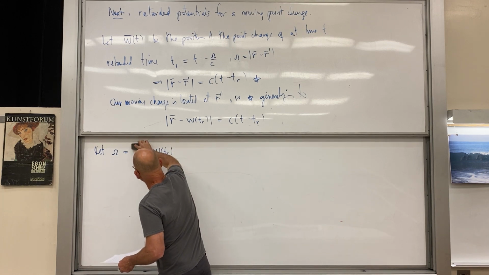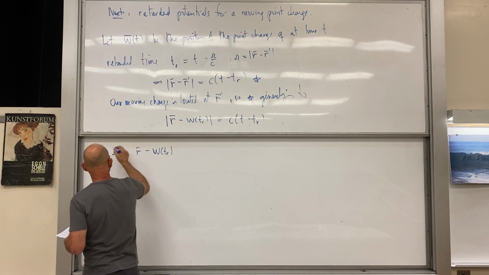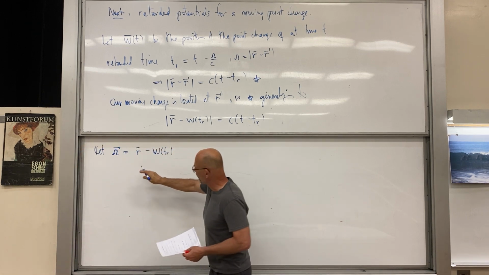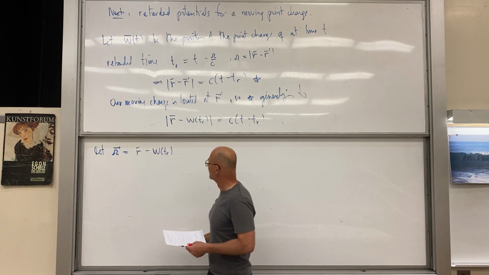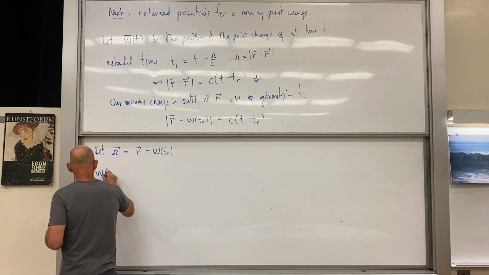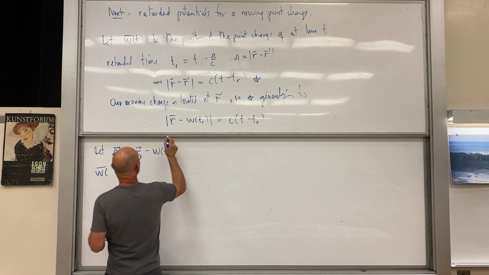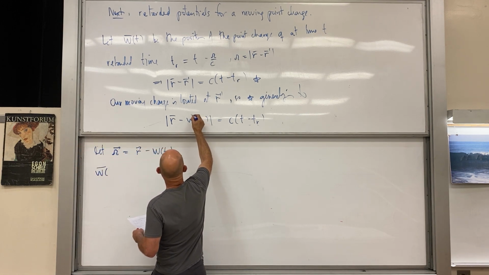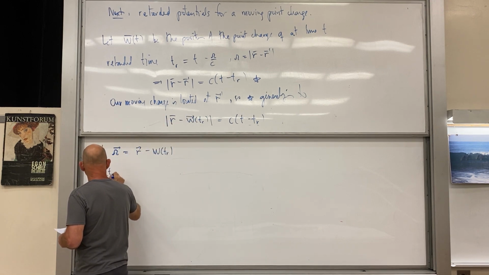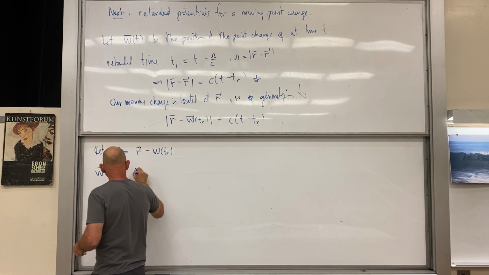Let's do this. This is a vector. Okay. Without the arrow sign, it would be the magnitude I just had there. W's got a vector on it. How did I miss that? It's up there. And this is the retarded position.